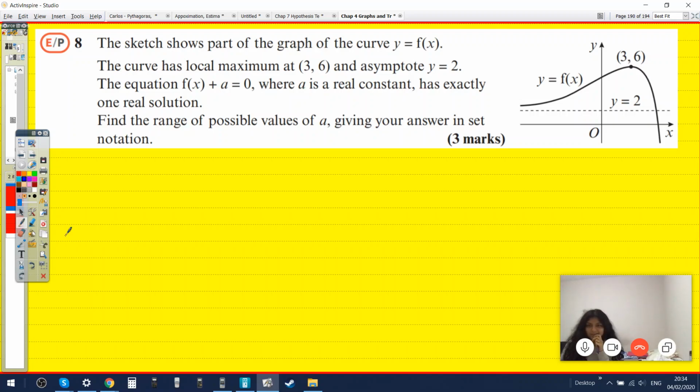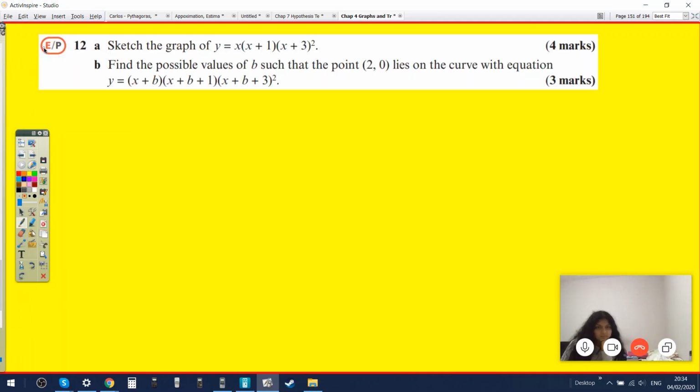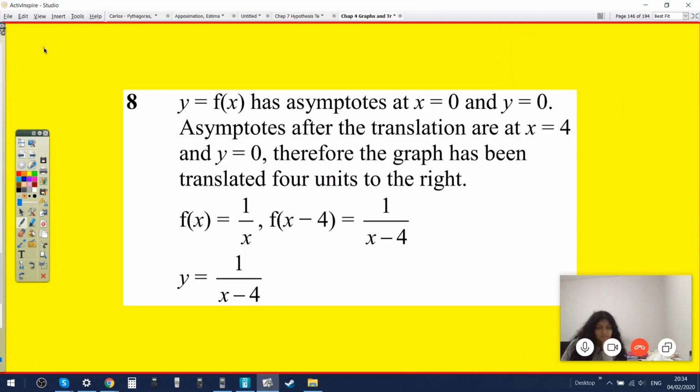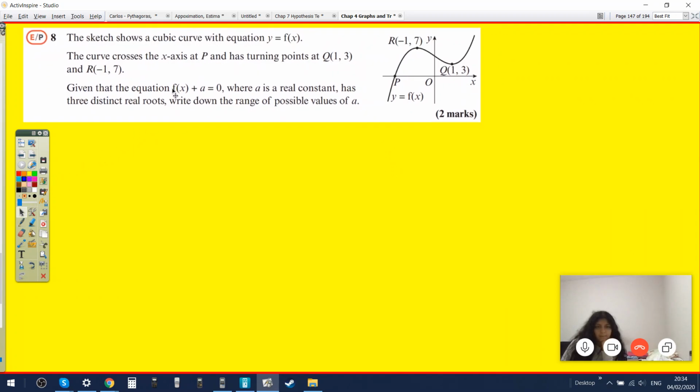There was one similar that I skipped over earlier. Do I bother? All right, I better go back and do that. So it was for translating. Yeah, all right. Try this one. It's very similar.